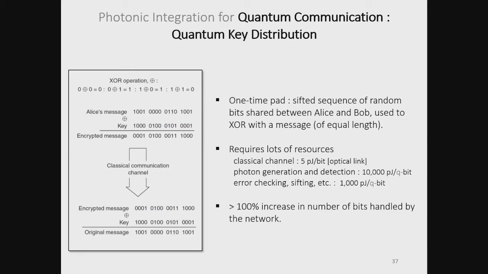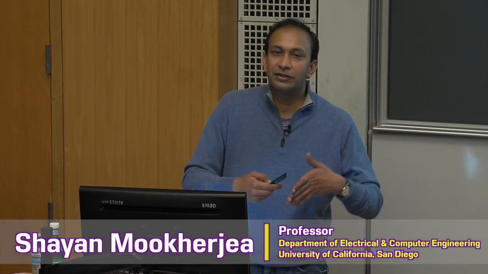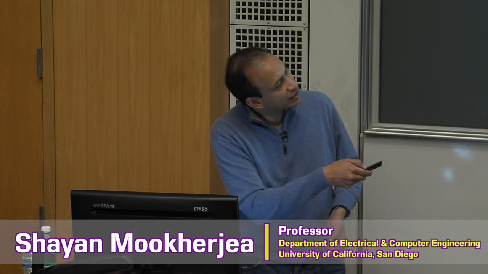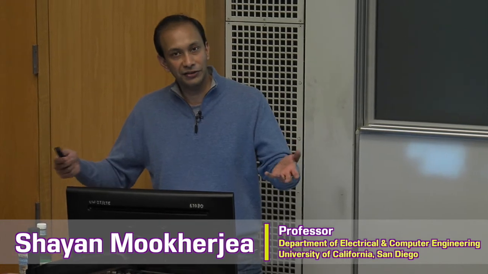The problem, and this is very exciting, there are big headline results about this. The problem is that it requires lots of resources. And a lot of optical interconnects, a lot of photonic integration today is about reducing this number. How many picojoules per bit, or picojoules per bit per millimeter, do you take to communicate your data?